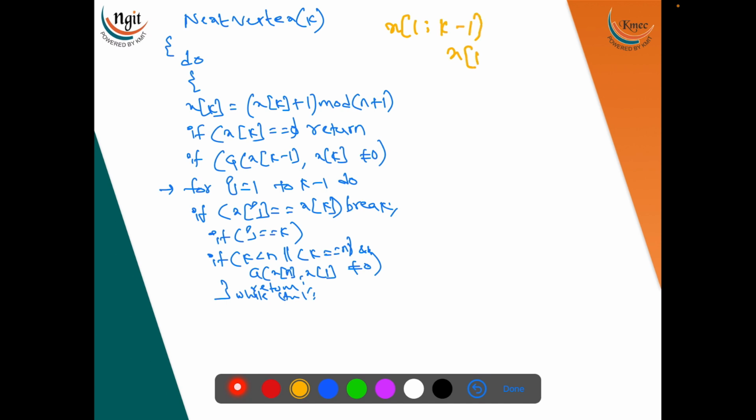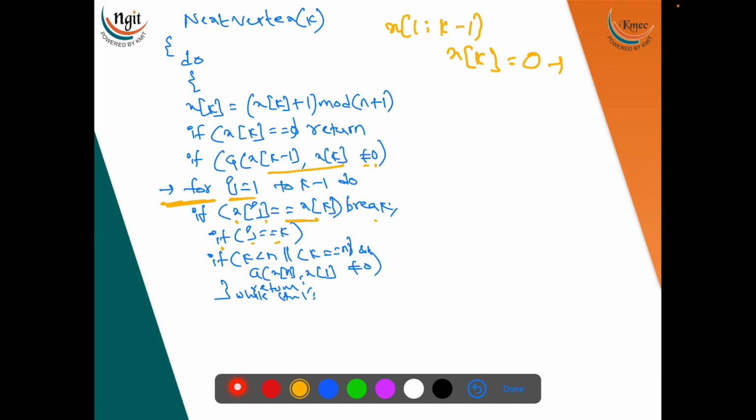X of k equal to 0 means initially no vertex is assigned. After execution, x of k is assigned the next highest numbered vertex, and that is the reason we take this for loop. Initially it is 0, and when it is 0, we return. If it is not, we start with j equal to 1. If x of j equals x of k, then break.